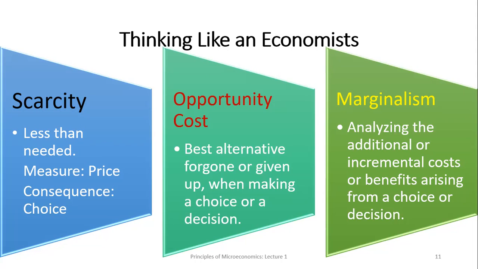Marginalism says that you have to look at what effect a little change in your decision will cause, and you always evaluate your decision for those little changes. That is, you must analyze the additional or incremental cost or benefit arising from a choice or from a decision.